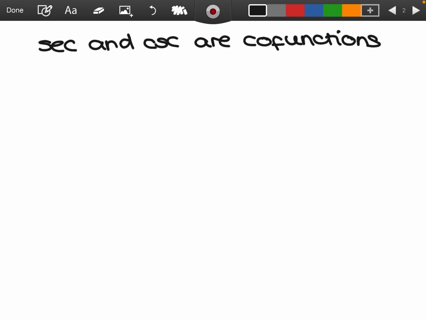So that means that for two angles, alpha and beta, that add to 90 degrees, we should get that secant of alpha equals cosecant of beta. Again, those two angles add to 90 degrees. And finally, we find that tangent and cotangent are also cofunctions.